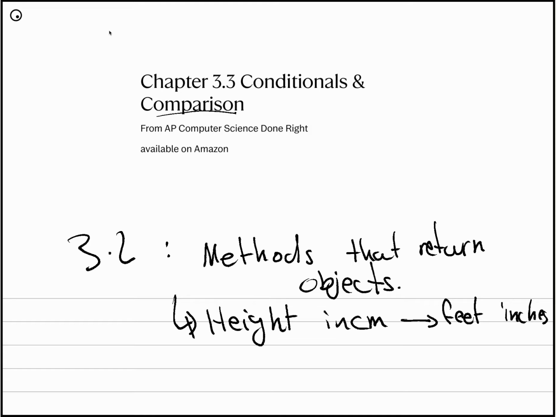Is that right? Yeah, exactly. So we had a method that returned a height object essentially. The feet and inches were an object, and height was an object itself that could be converted to centimeters or feet and inches essentially.